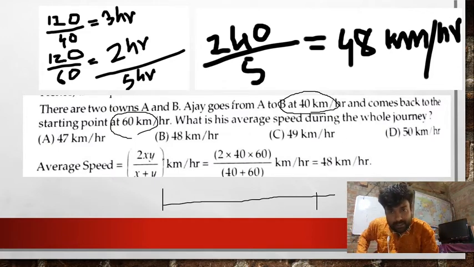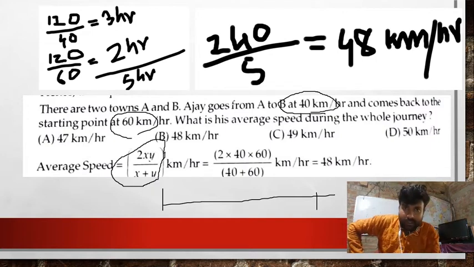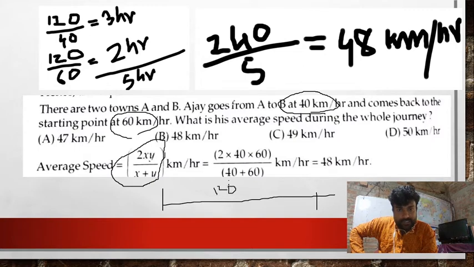Here is the equation. If you go with the equation, you can remember it, but we do the same thing with an example, for 40 and 60 kilometer per hour. I just suppose the distance between the two towns is 120 kilometer.